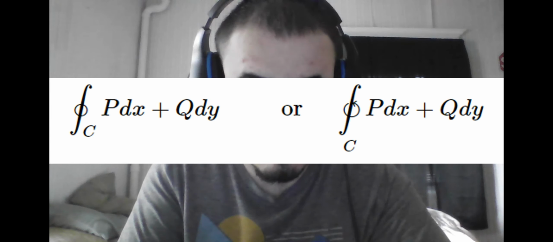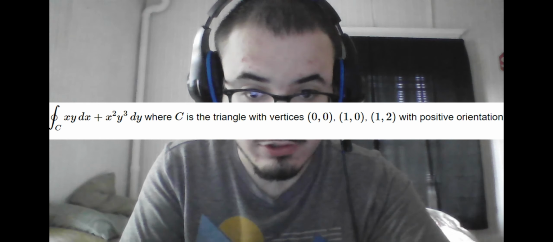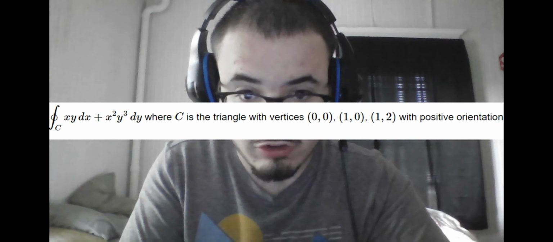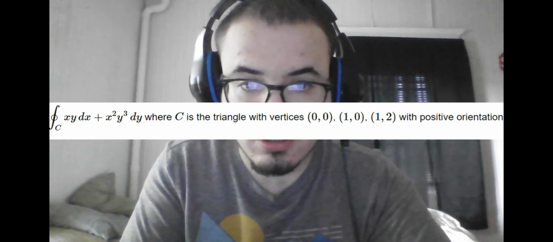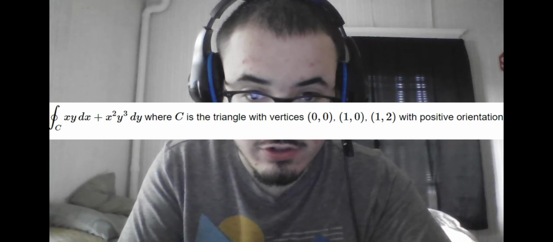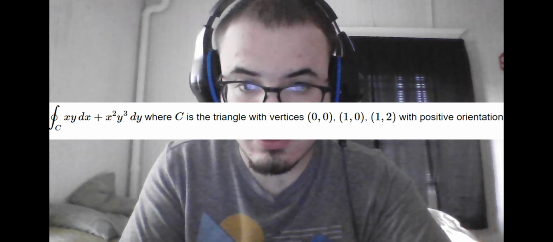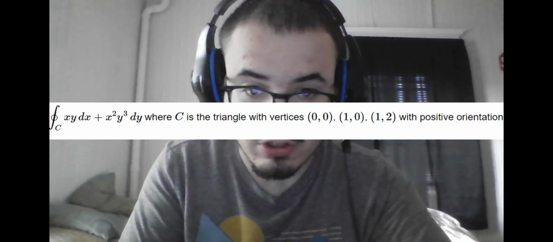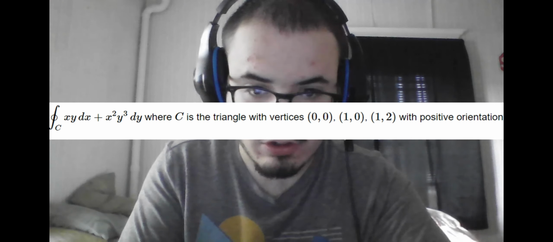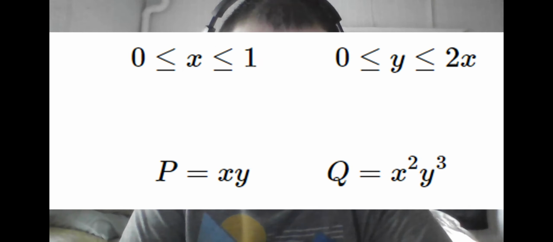So if we are told to evaluate this line integral using Green's theorem, and we are specified the region of a triangle with vertices (0, 0), (1, 1), and (1, 2), we would plot out the situation and draw straight lines connecting all three vertices, and see that x is limited between 0 and 1, and y is limited between 0 and 2 times x.